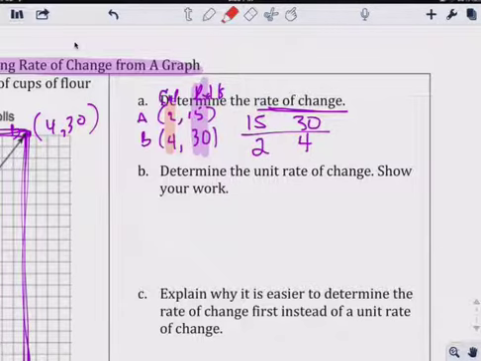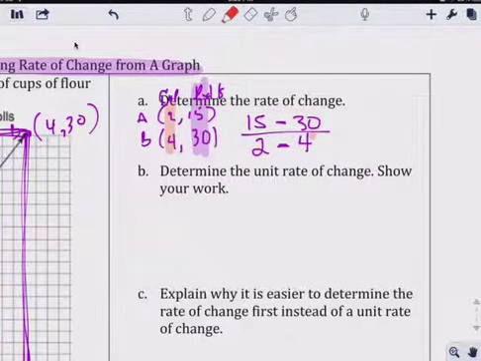Remember, 15 rolls for 2 cups, 30 rolls for 4 cups. Make sure you match them up like that and subtract. You can't mix these numbers. It has to be in this order.